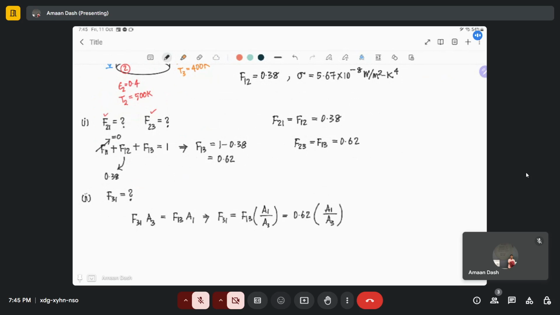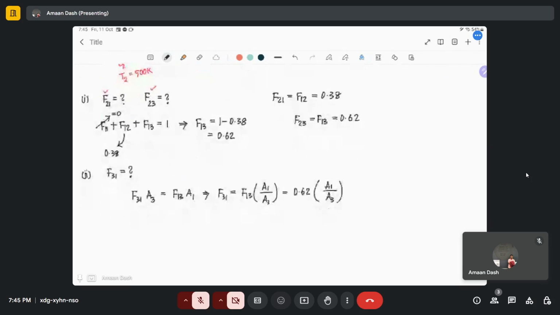For F2 to 3, we have that F2 to 3 is the same as F1 to 3, and F1 to 3 is 0.62.